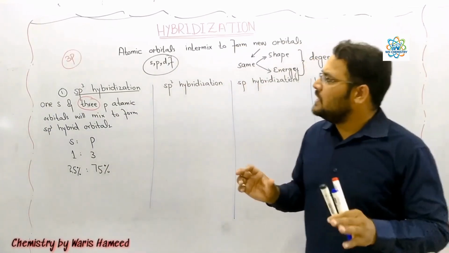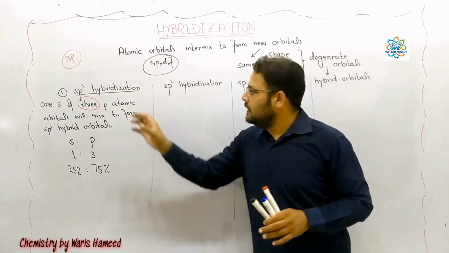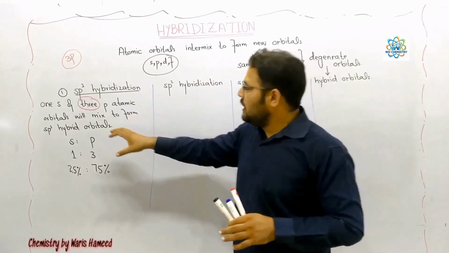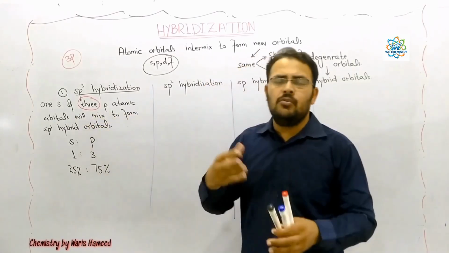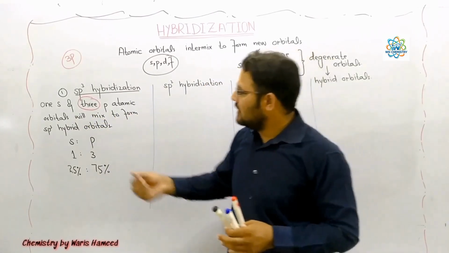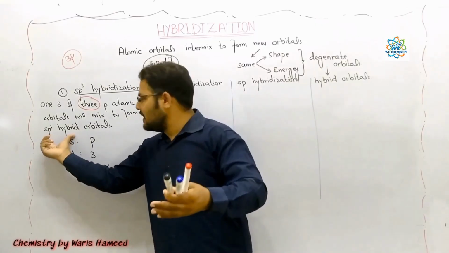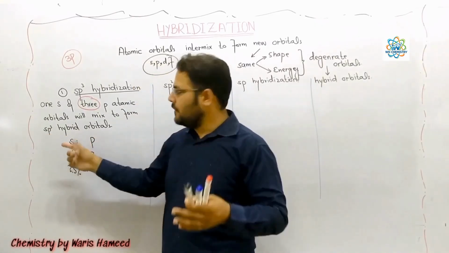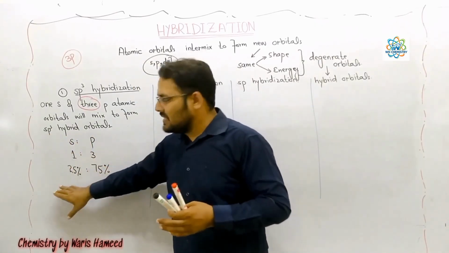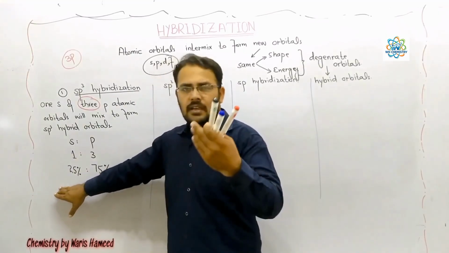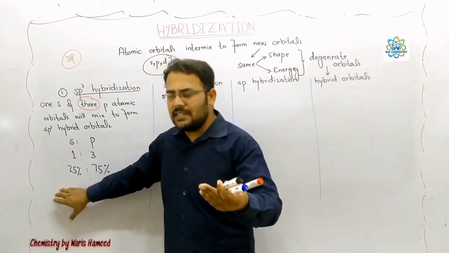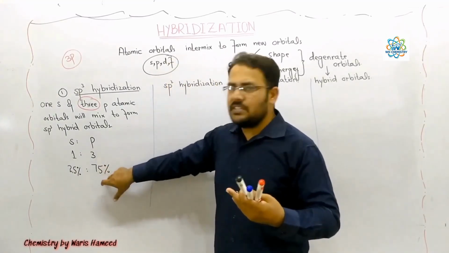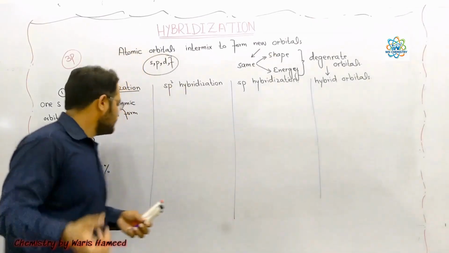In the case of sp3, 1s and 3p atomic orbitals will intermix to form new sp3 hybrid orbitals. Their ratio will be 1:3 and their percentage will be 25% s character and 75% p character.